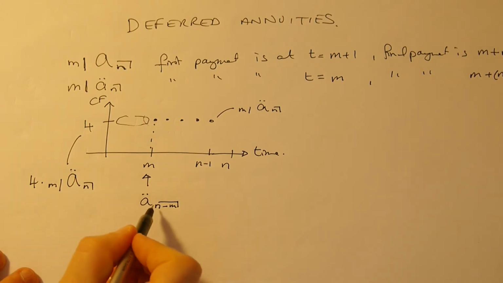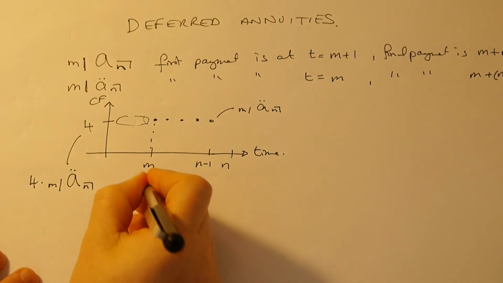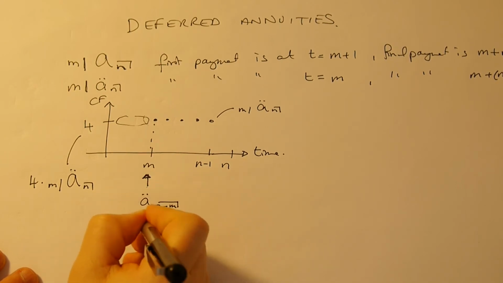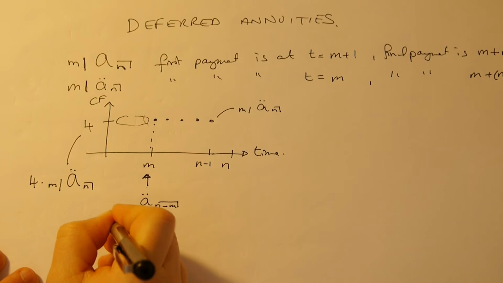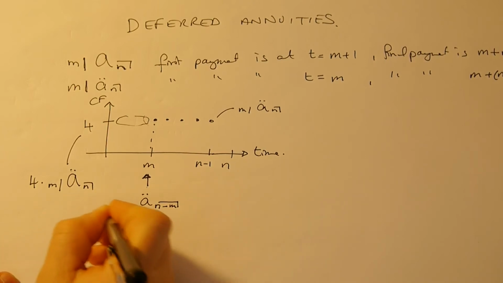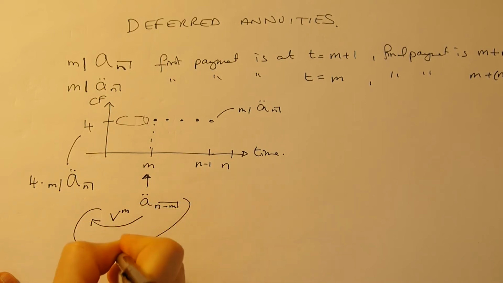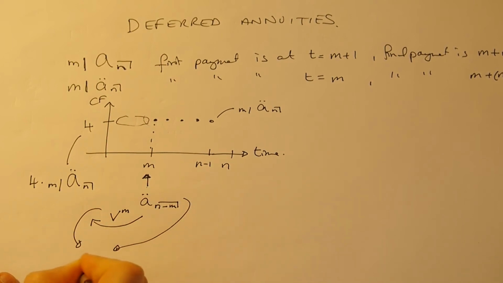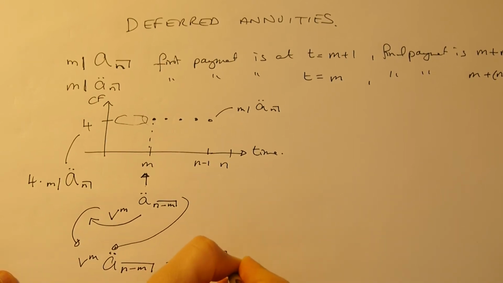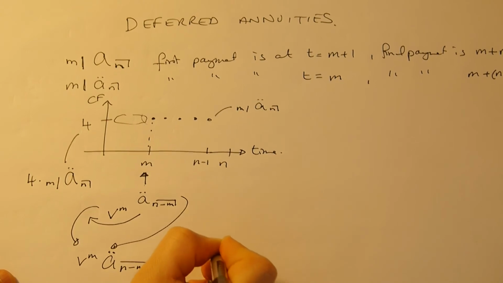So we have to be a little bit careful. Of course, we've got now this annuity represents a present value at this point. So if we shift it by v to the m, that equals v to the m, a double dot, n minus m. There we go.